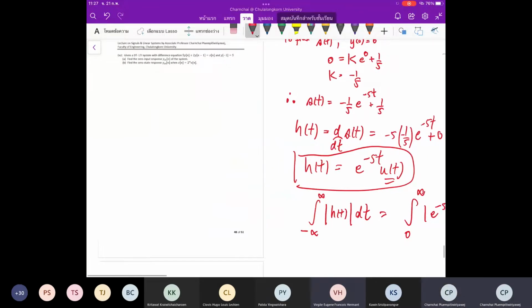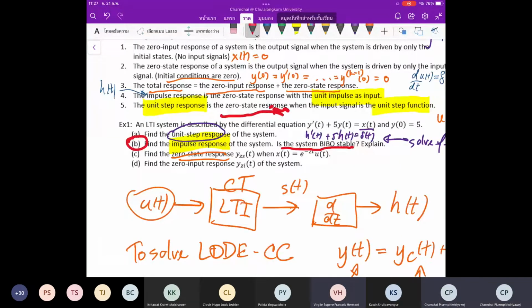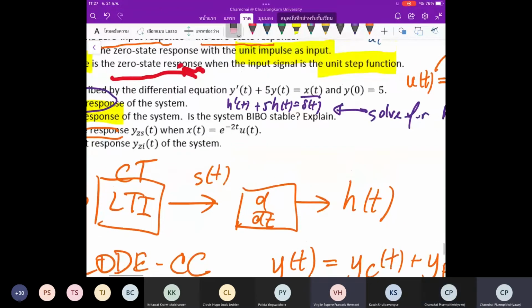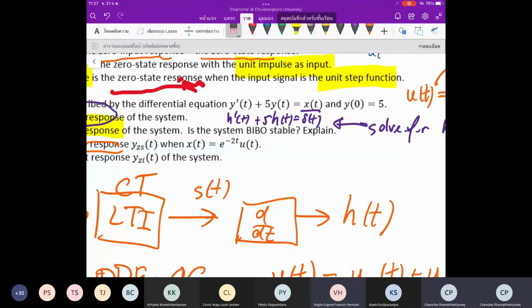And what's the next question? Find a zero state response. If you want to find a zero state response, you just convolve, right? When x equals this, you just have y(t) equals x(t) convolved with h(t).